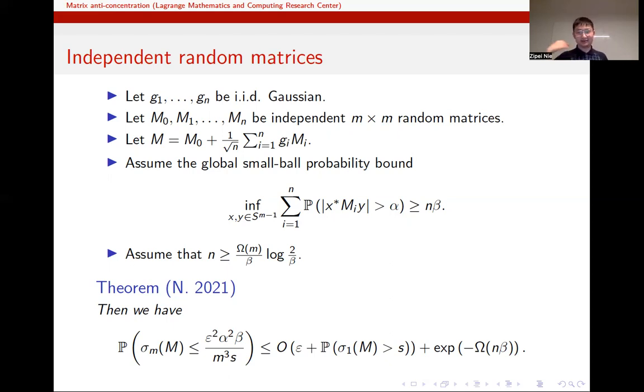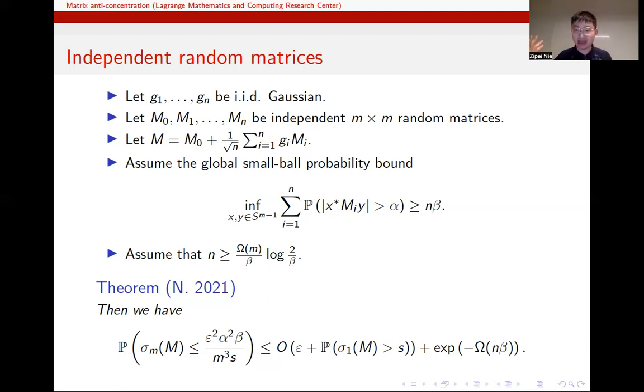To some extent, this lower bound on n is necessary. Suppose that n equals 1 and M0 equals 0, and let M1 be a rank 1 matrix. If M1 can be random, then the rank 1 matrix can still fulfill the global small ball probability bound.